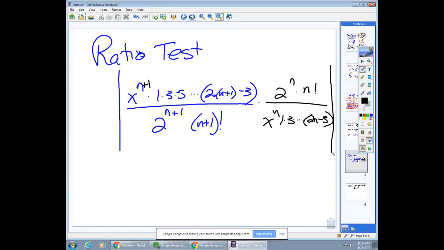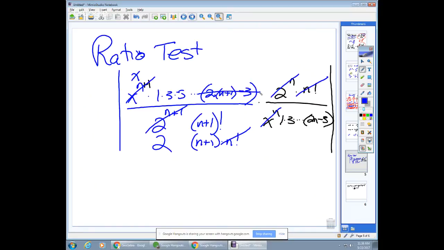All right, cleaning this up. Well, the 2 to the n goes into 2 to the n plus 1 twice. X to the n goes into x to the n plus 1 x times. N plus 1 factorial is really n plus 1 times n factorial. So the n factorial part goes away. And then let's see, what is this guy?